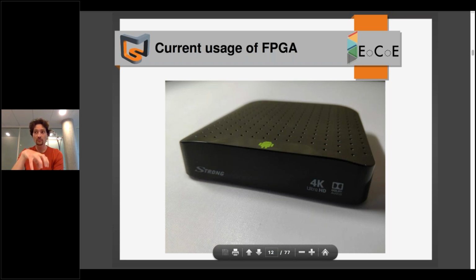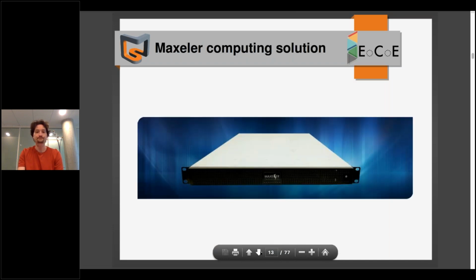The chip implements the decompression algorithm in hardware, and then the decompressed video flux gets out of the chip and goes to your TV. The idea of FPGA computing is to have scientific algorithms inside the chip instead of this video decompression algorithm.